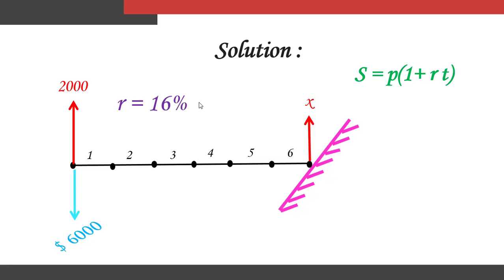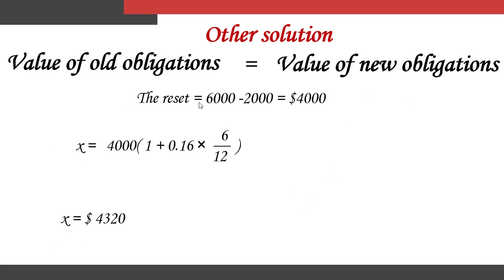We can solve this problem by another way. By getting the difference between $6,000 and $2,000, which is $4,000, and getting the amount for $4,000 after 6 months. So X will be equal the amount for $4,000. Other solution: value of old obligations must be equal value of new obligations.